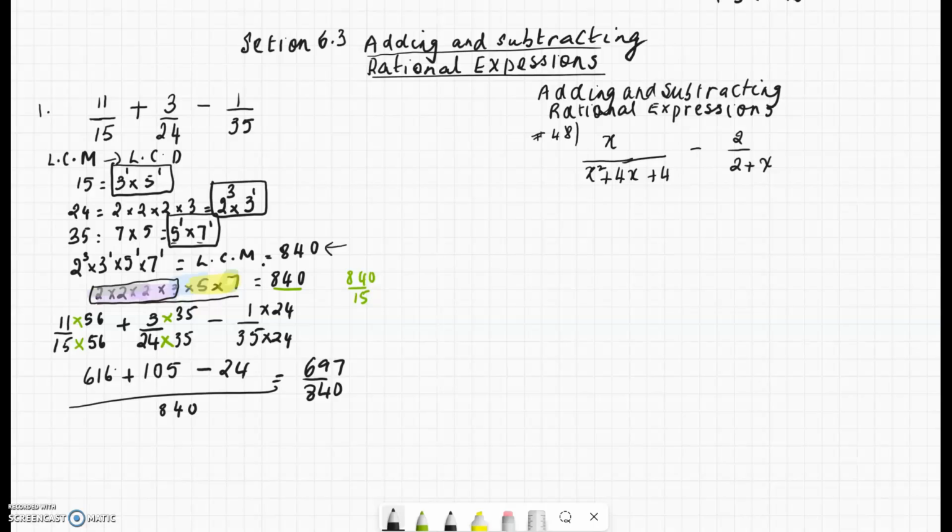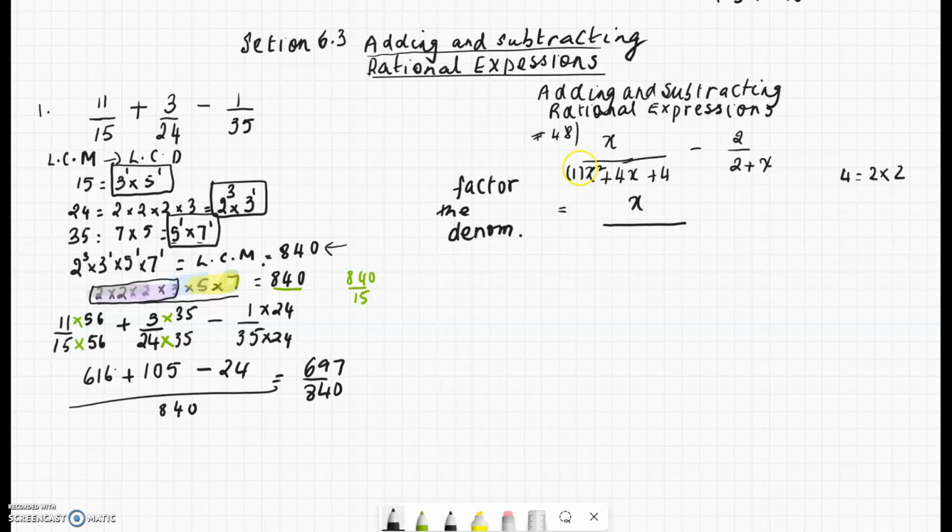The method is similar. I wouldn't say the problem is similar, because what we're going to add or subtract now is rational functions. Step 1, always factor the denominator. Factor the denominators completely, always. So x squared plus 4x plus 4: 4 times 1 is 4, and 4 equals 2 times 2.